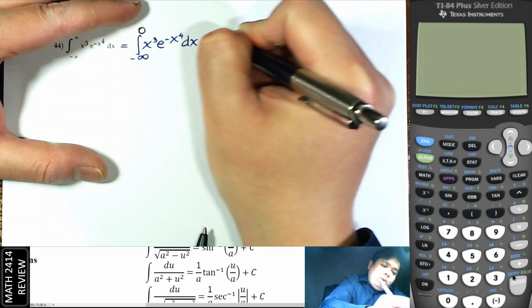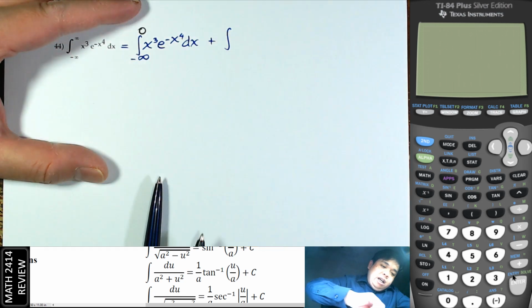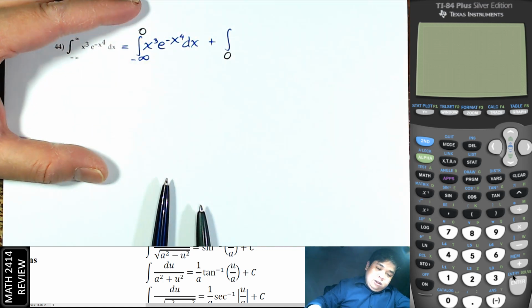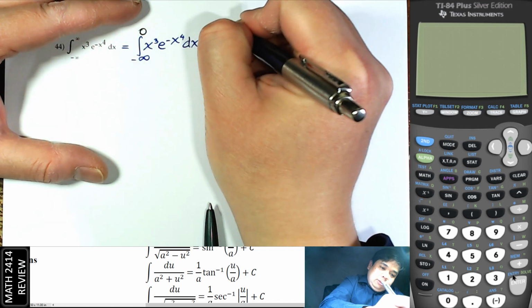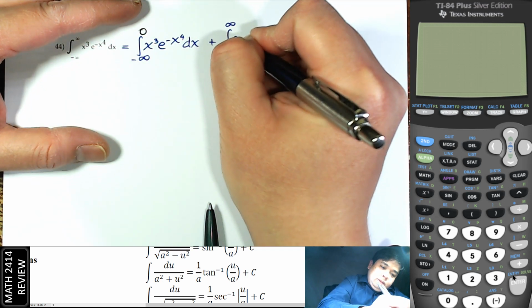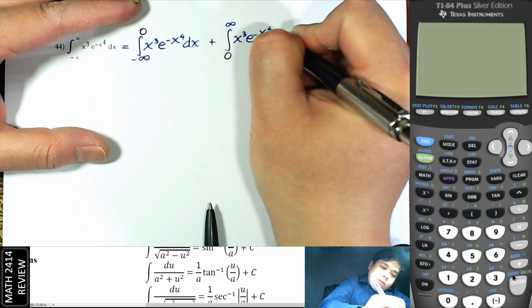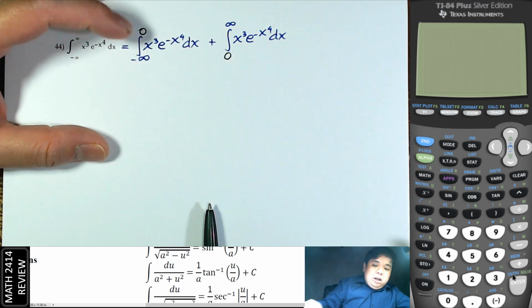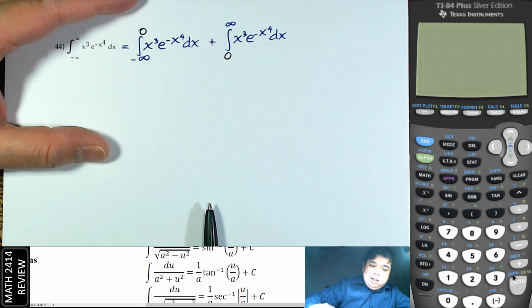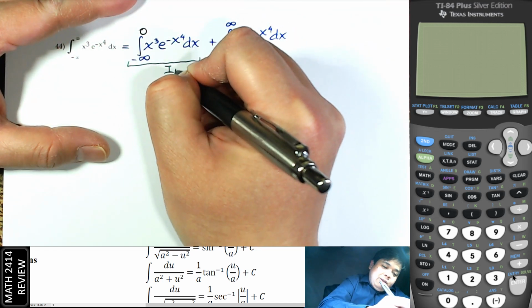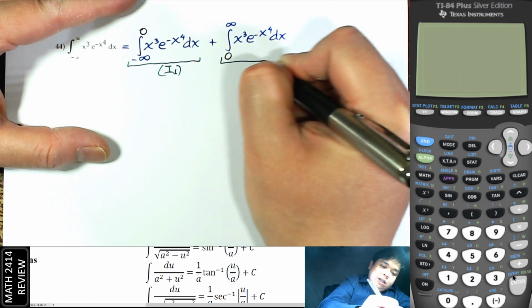Right, so the first thing we do is just split at 0. So let this be the first integral, and this is the second integral.